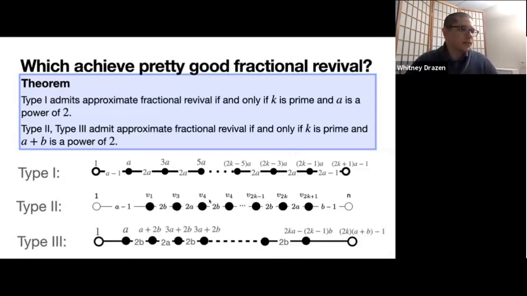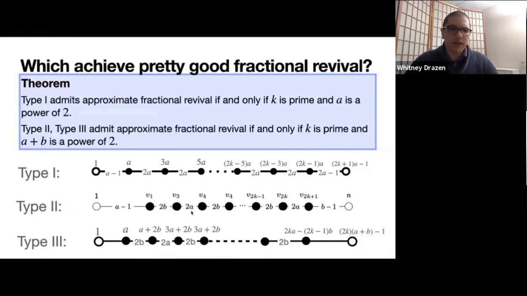And in these alternating spaced examples where we have vertices separated by 2A and 2B, these are both characterized the same way. We have approximate fractional revival if and only if K is prime and A plus B is a power of 2.